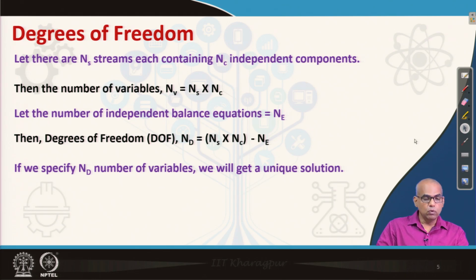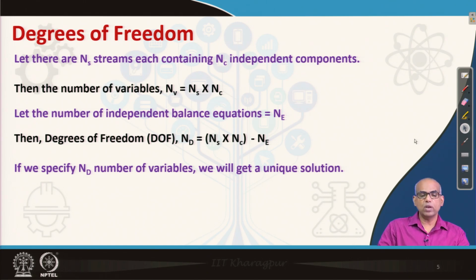Now, you know that degrees of freedom is defined as the total number of variables minus the number of independent equations. So, let there be ns number of streams, and each stream is associated with nc number of independent components. So, each stream has nc number of components.